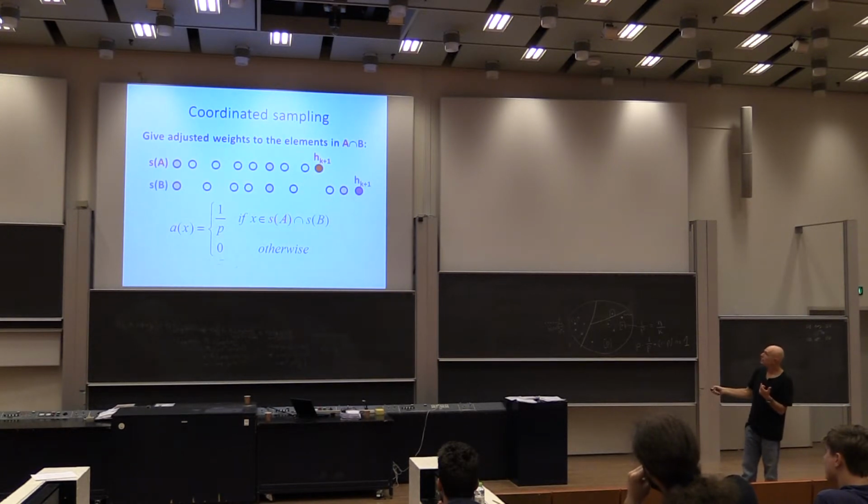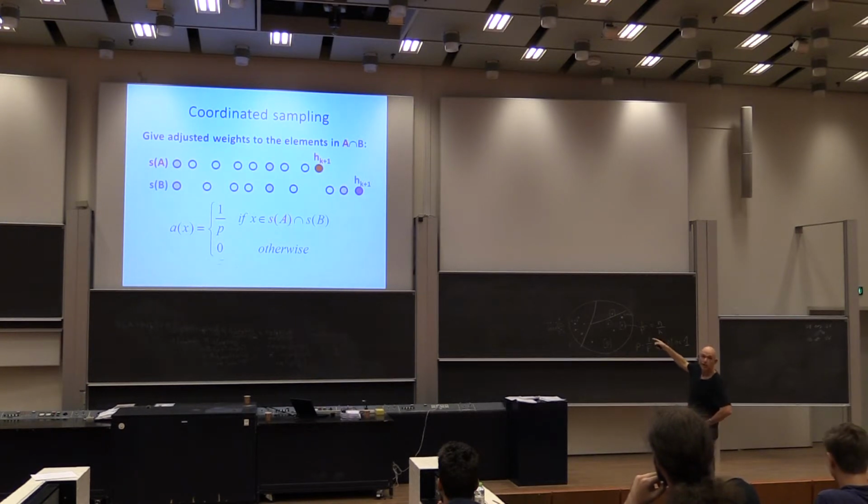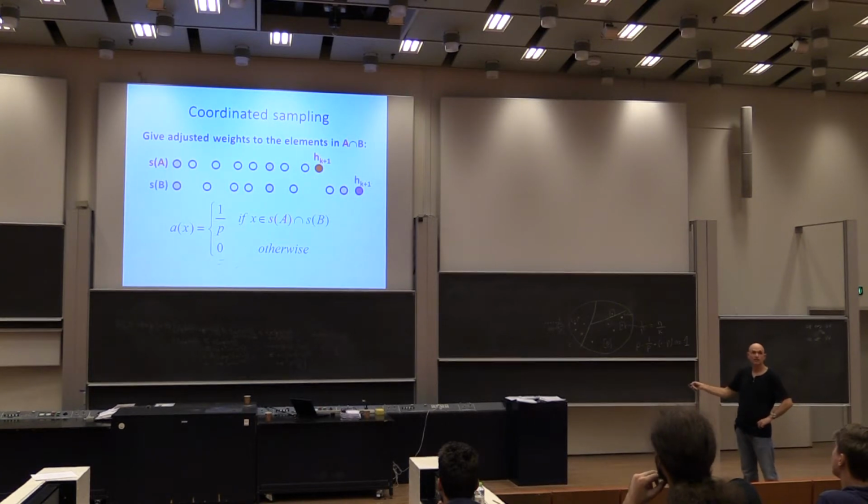So to be in this sketch, your hash value should be smaller than H_{k+1}. And to be in that sketch, your hash value should be smaller than the other H_{k+1}. And since I'm using the same hash function, I satisfy both conditions if I'm smaller than the smaller of them.